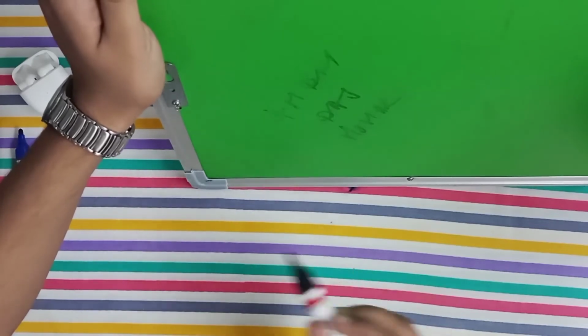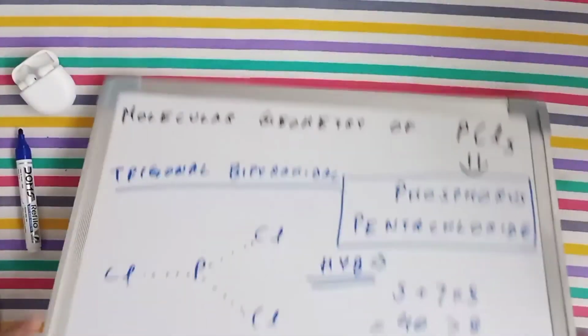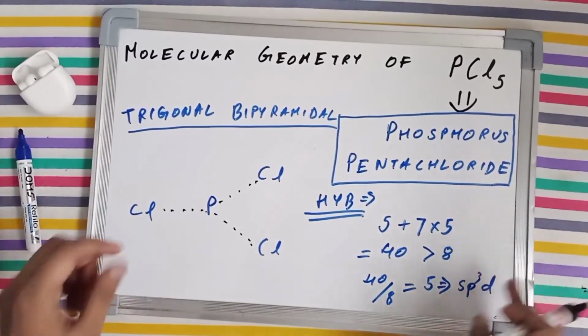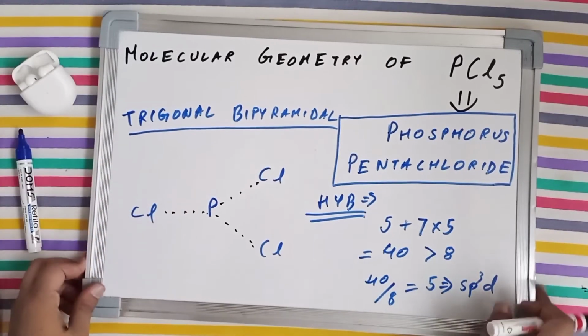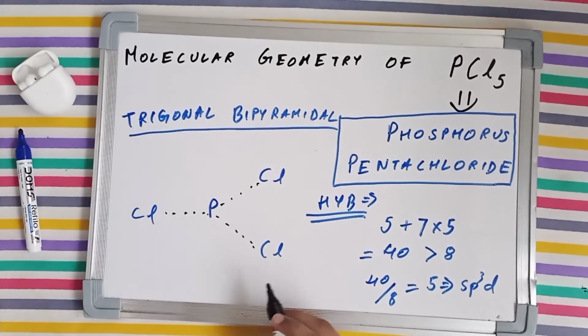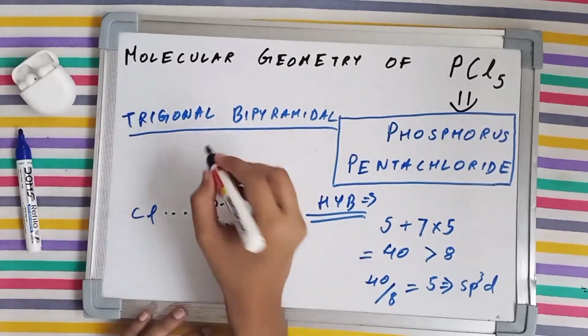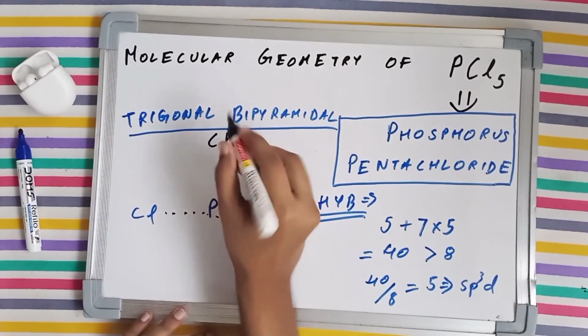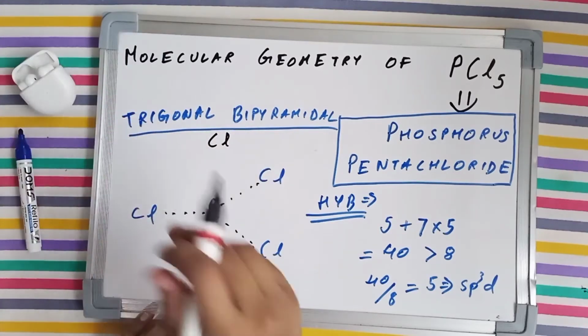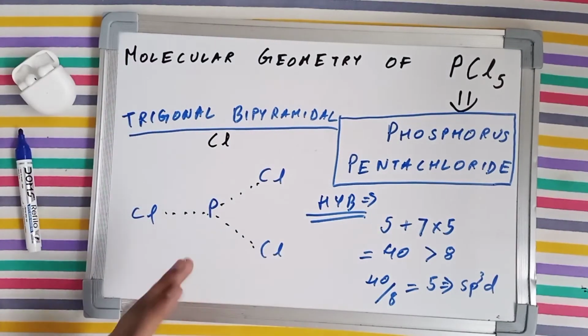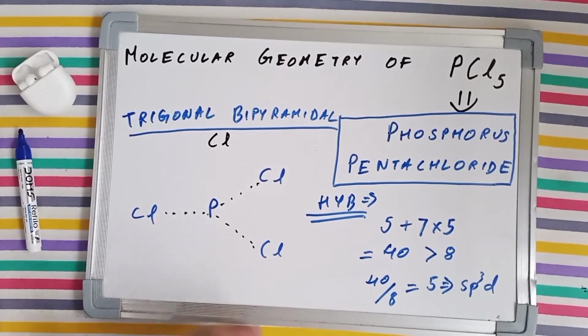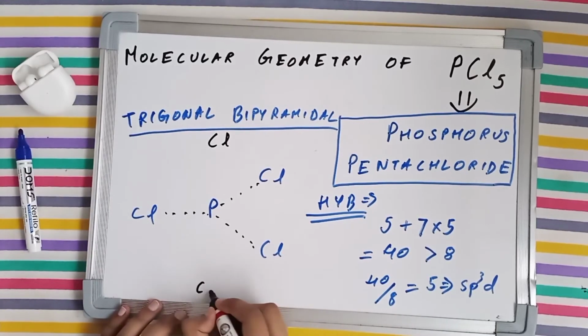I'm going to depict it on the board because I can't write in space. So you've got a chlorine on top here, and you've got a chlorine below this board, below the table on which I'm writing.